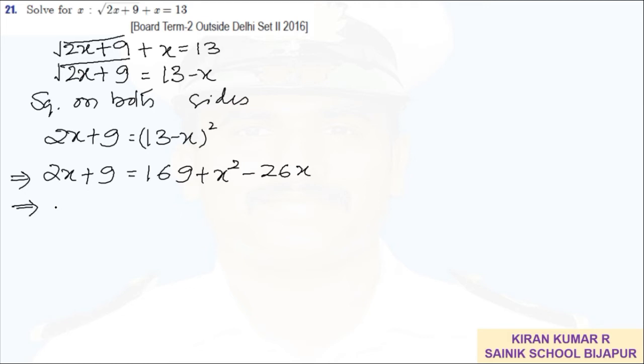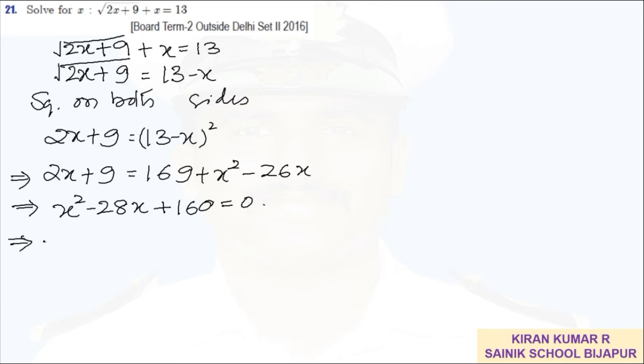Further, the given equation becomes x square minus 28x plus 160 equal to 0. Now look at this. 160 is the product and 28 is the sum. If you do 20 multiplied by 8, we definitely get 160, and 20 added to 8 is 28.